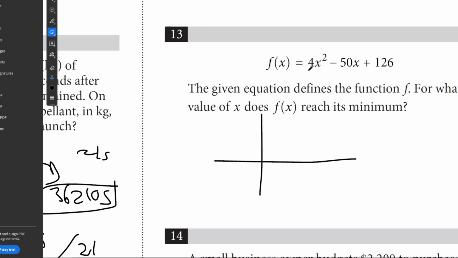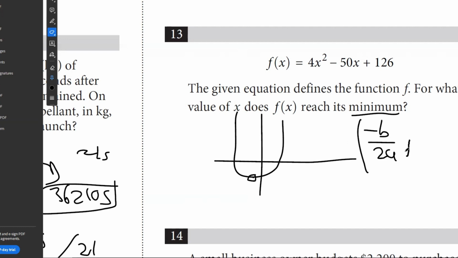In equations like this, which is a parabola, if the coefficient of x squared, the number in front of x squared, is positive, we're going to end up with something that looks like a U. And our lowest value, or our minimum, is going to be our vertex, the vertex point of this graph. We just find the x value of it. It's negative b over 2a.